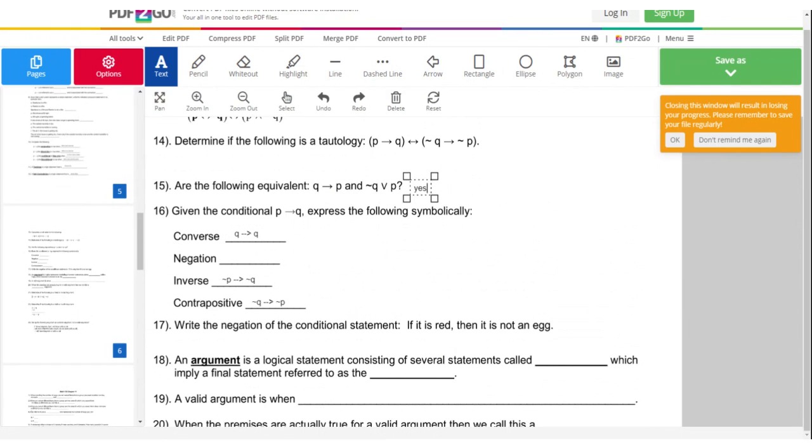That's why I wanted to check. Oh, wait a second. He's got this one backwards also. So this is true. Sneaky.